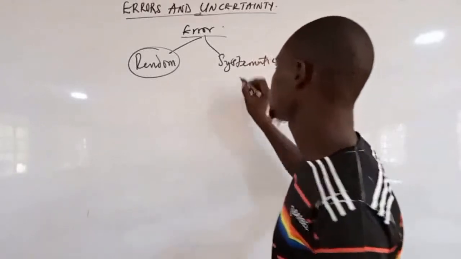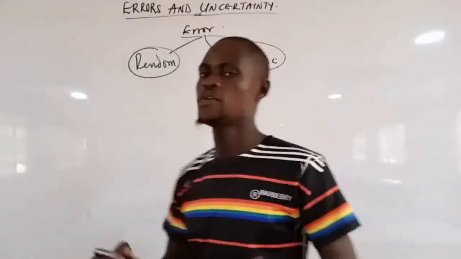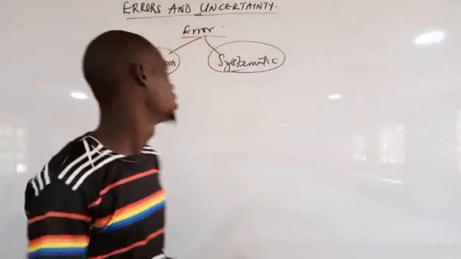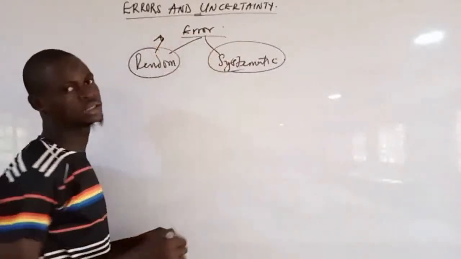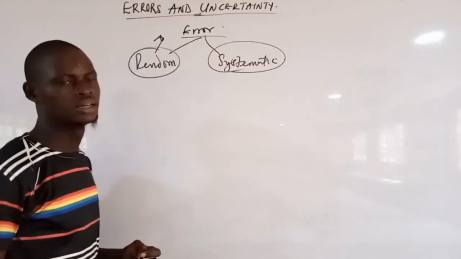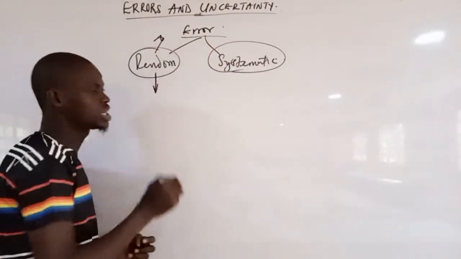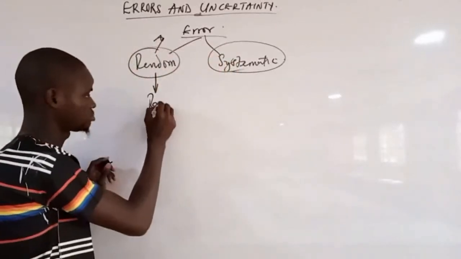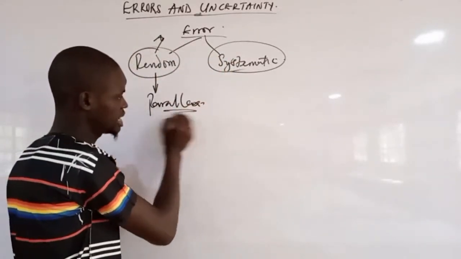Now you see, this systematic error majorly is found due to faulty instruments. Now, in JAMB, your knowledge will be asked on this. I think I've seen a question on that. Majorly for random error, we're looking at parallax error.